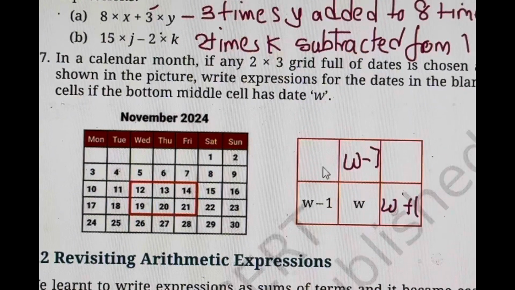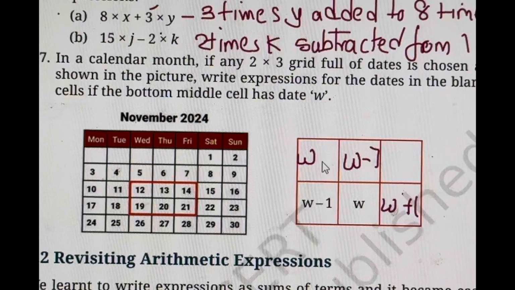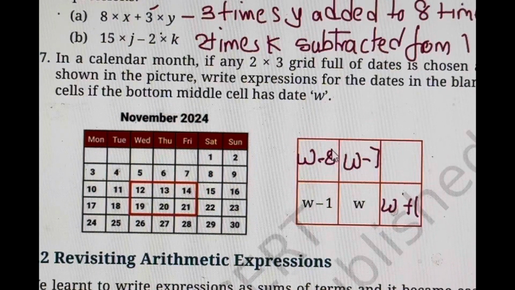This will be W minus 8, because it is 12. And on the right side, this is 20, this is 14, so it is 6 less. So W minus 6.